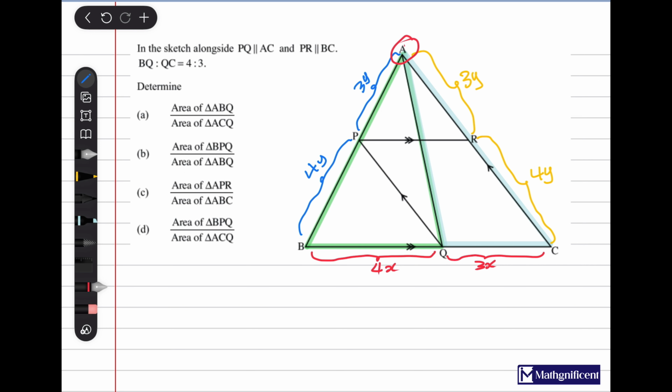So what did we just say? When two triangles are sharing a vertex, they are also going to share the height, so their heights are going to be equal.